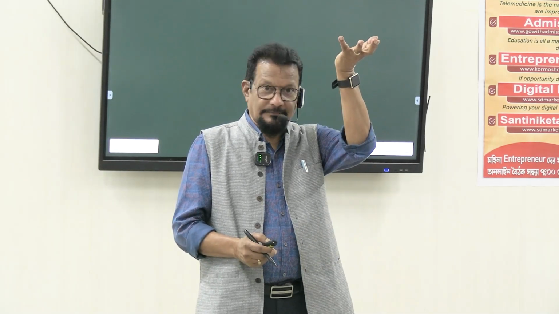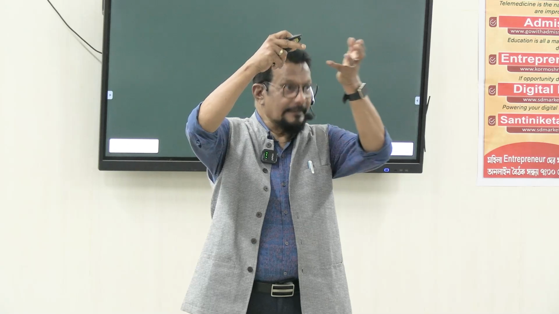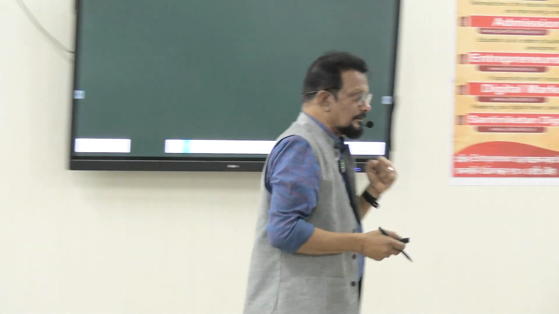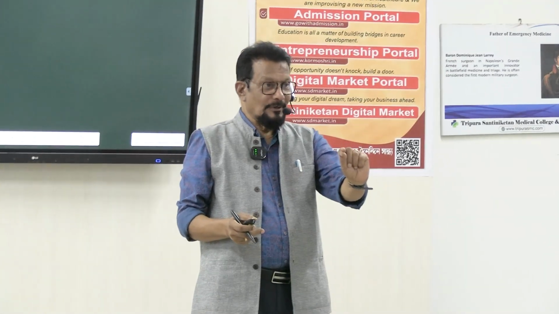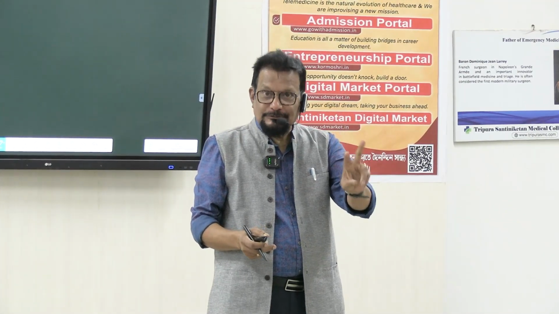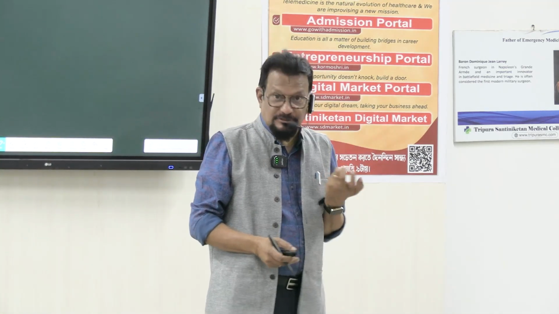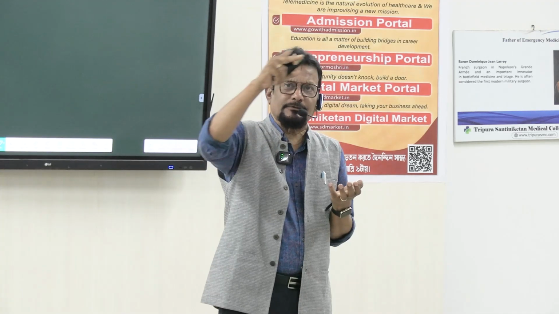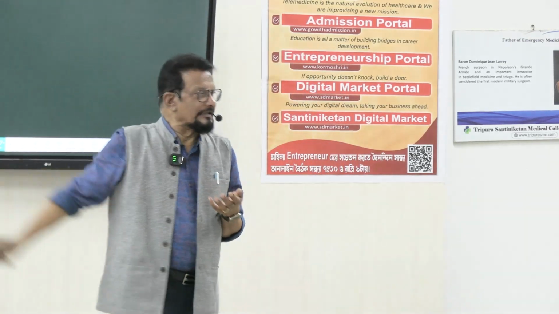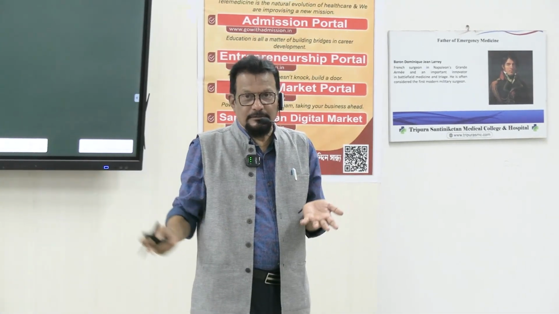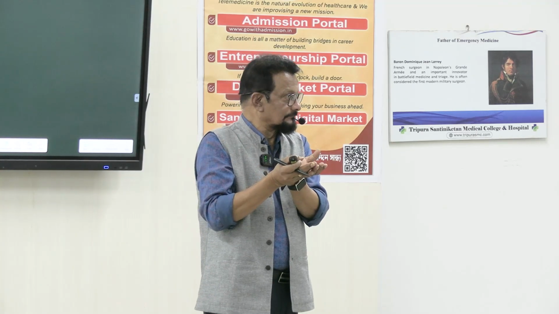Shooting is one of the main problems. After eating food, there will be a sudden rise of blood sugar level. In a normal person, we bring it down by the action of insulin within 2 hours. But in diabetic patients, since insulin is not there, it will remain in the blood and take more than 3, 4, 5, 6 hours to come down. So blood sugar will remain raised, and that is the problem.